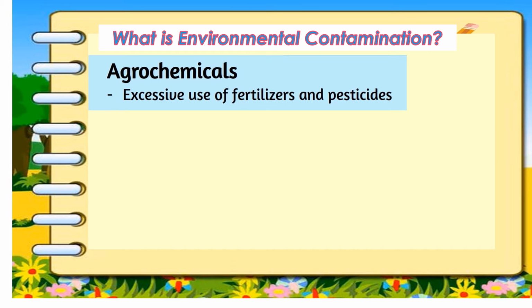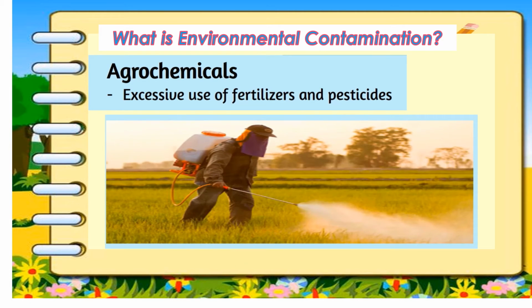An example of environmental contamination is agrochemicals. Excessive use or overuse of fertilizers and pesticides is one example.